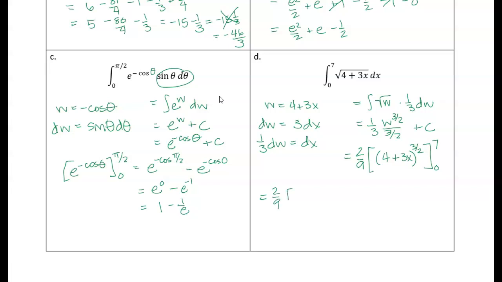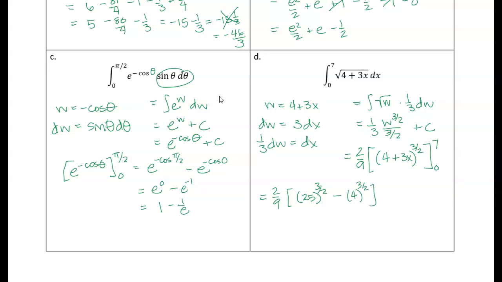I'm going to evaluate the antiderivative at 7 first. So I get 21 plus 4 is 25, and to the 3/2, minus, evaluate it at 0, and then I just get 4 to the 3/2.